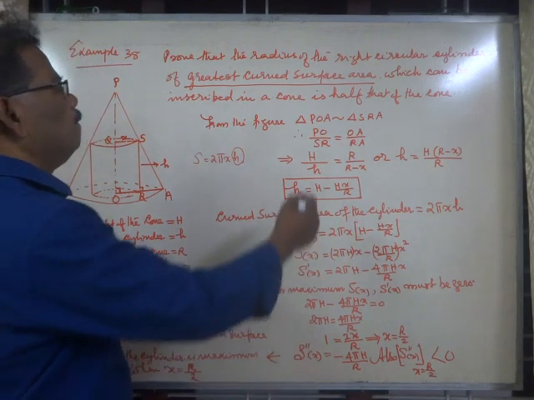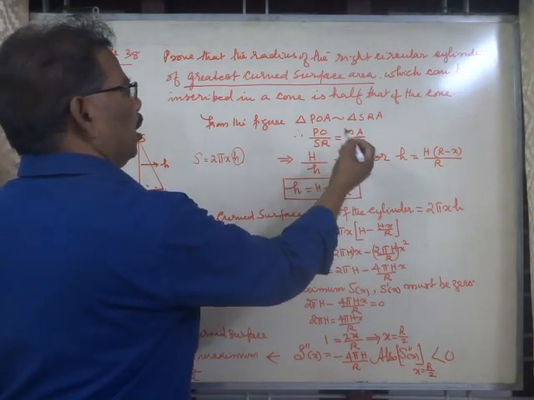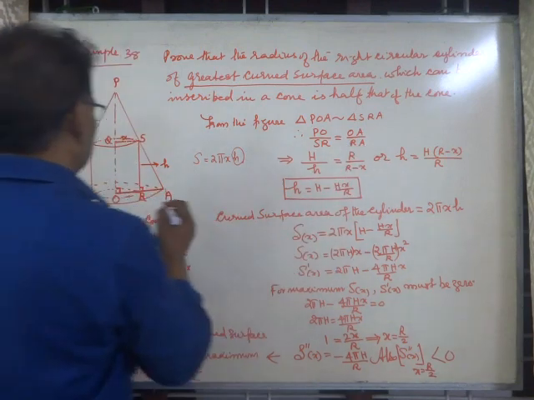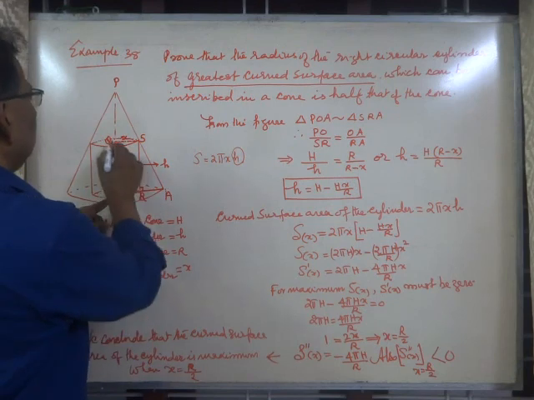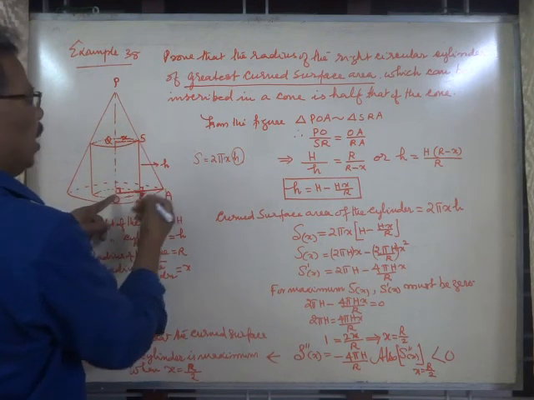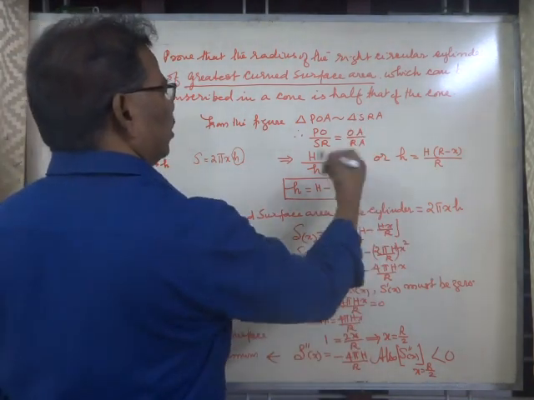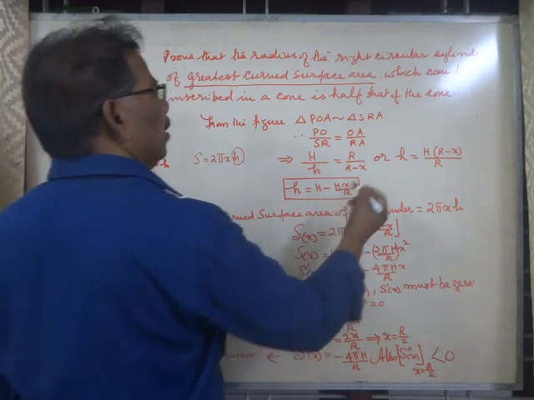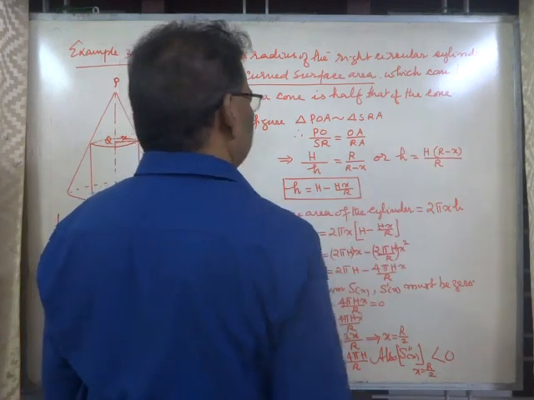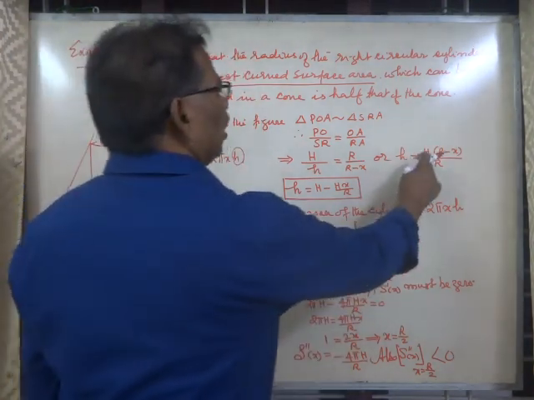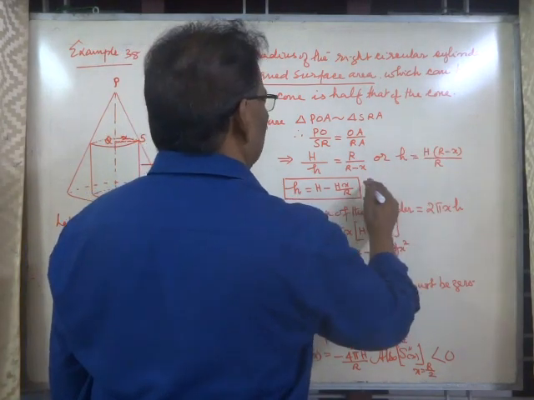Now, PO is capital H, SR is small h, OA is capital R, and RA is OA minus OR. OR is QS itself. Therefore, capital R minus x. On cross multiplication, we will get a relation for h is equal to H into R minus x by R, or HR by R is H, then minus Hx by R.